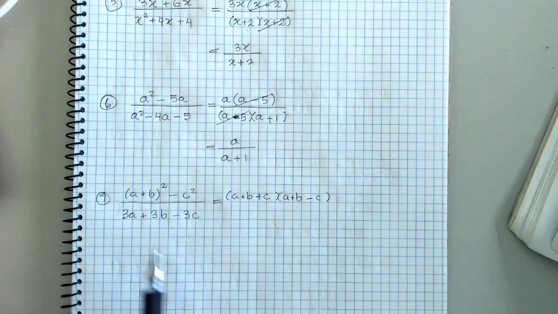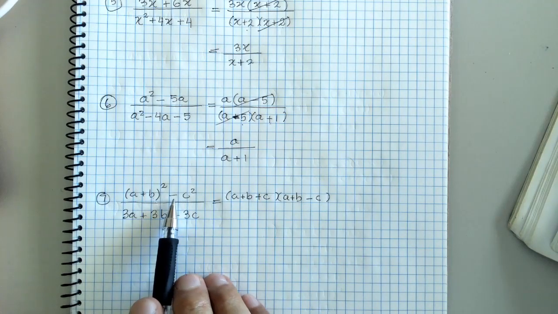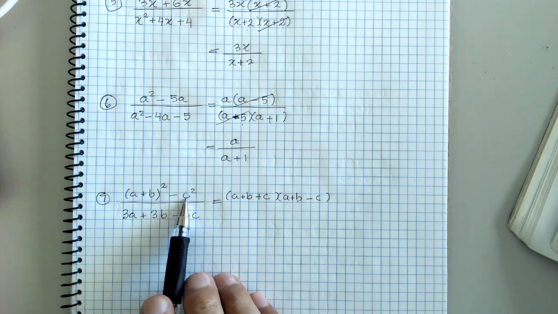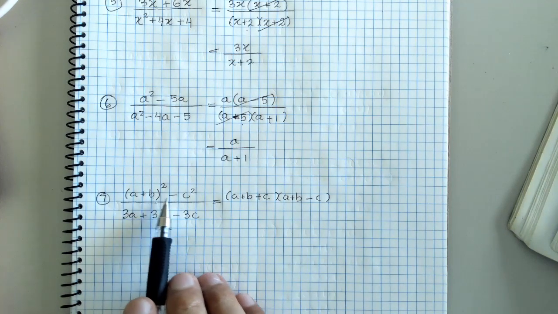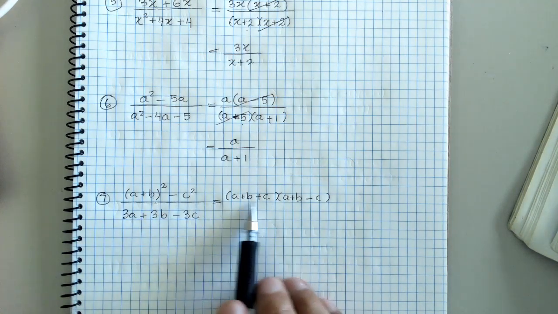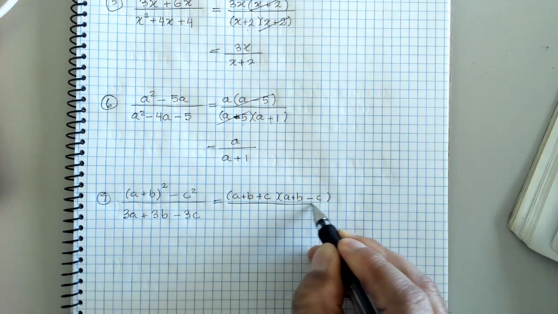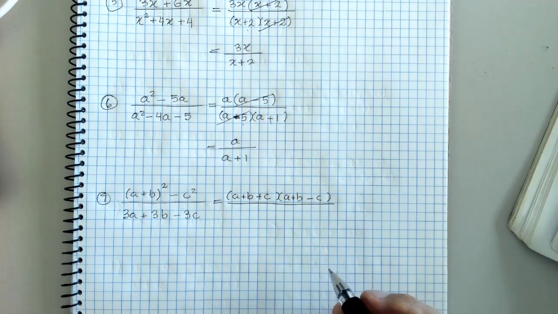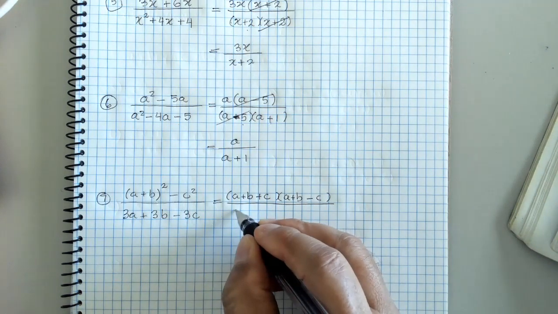Okay, so you do whatever you have in here plus this, and then whatever you have in here minus this. That's why I did these two brackets. And then let's see what happened at the bottom. So we can see that the common factor is 3.